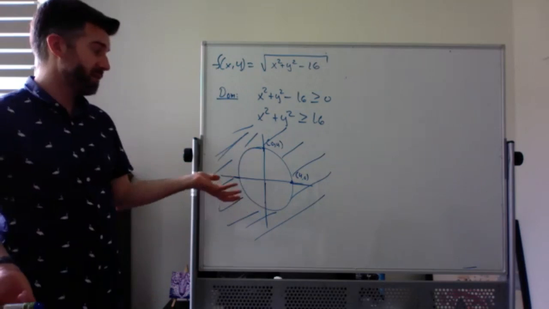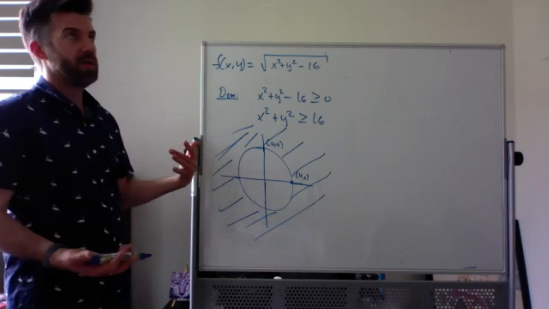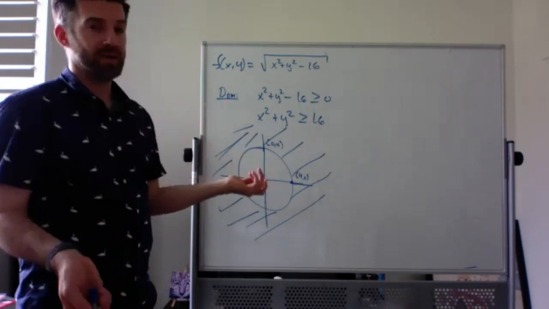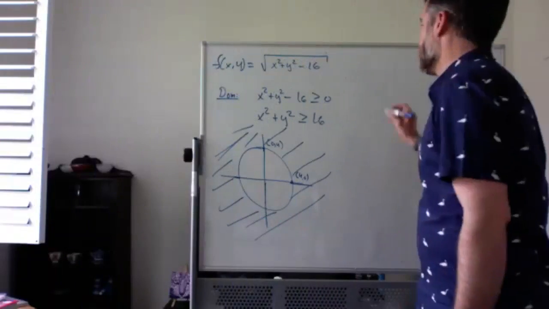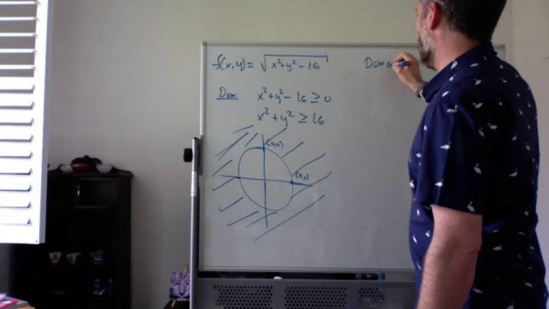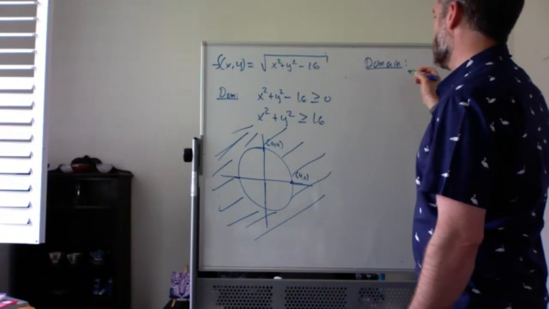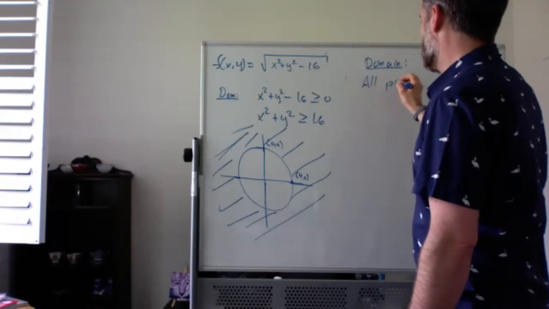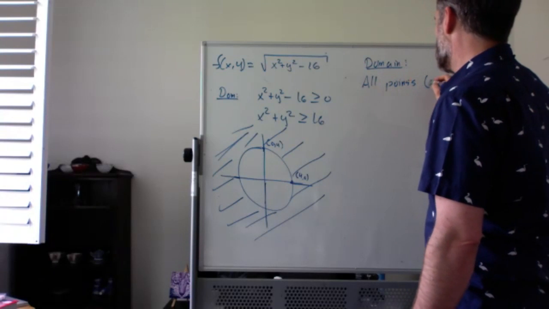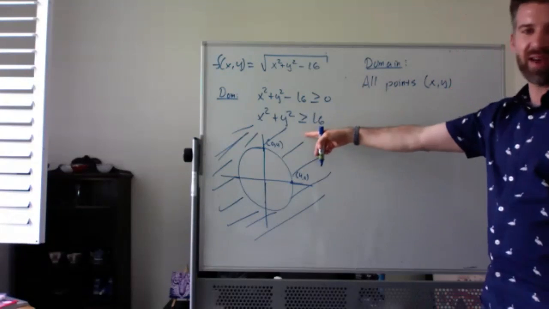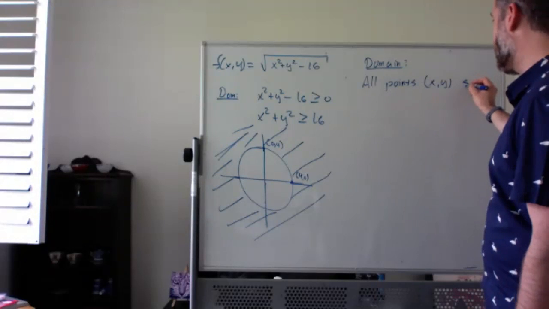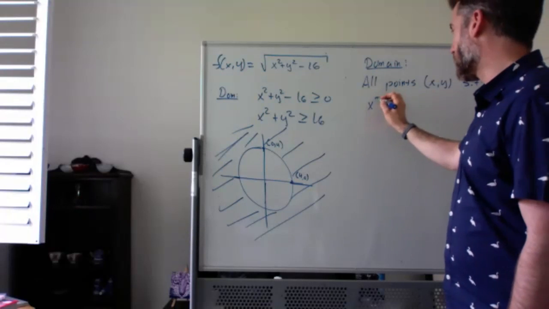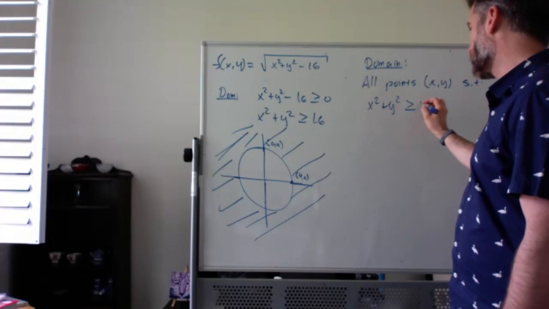While this is fine for the domain and is probably the more important part to understand, it's not usually how we write our answer. The way you would write the answer is all points x, y that satisfy this inequality, such that x squared plus y squared is greater than or equal to 16.